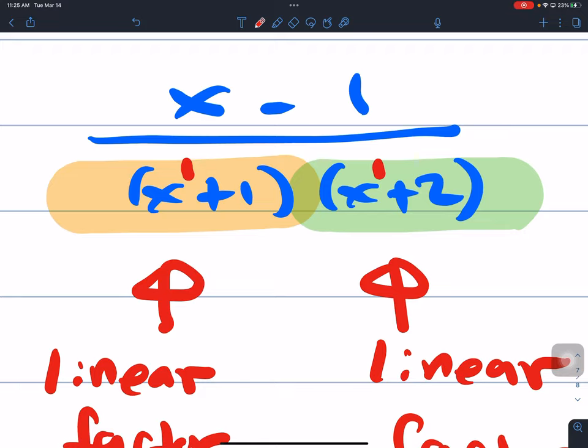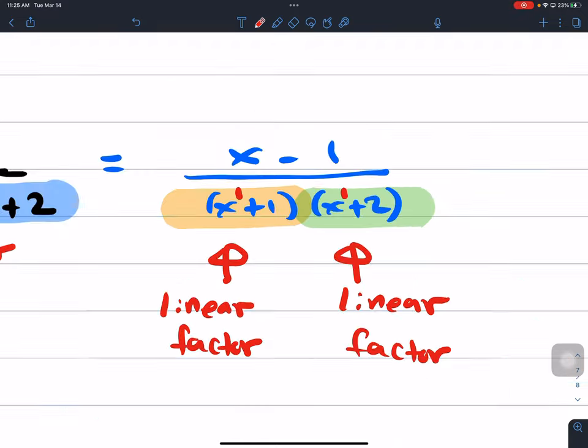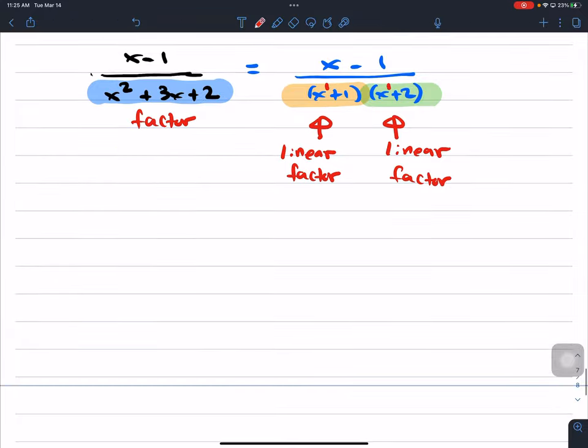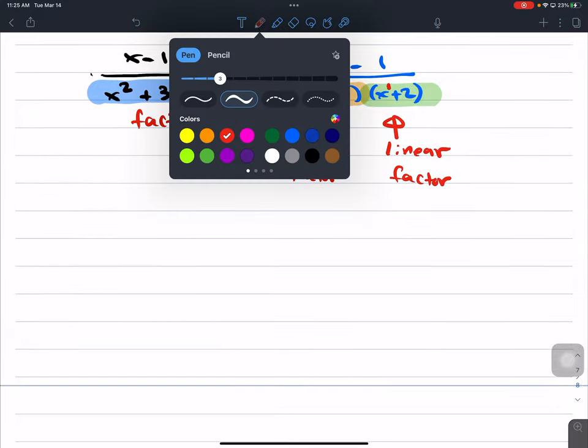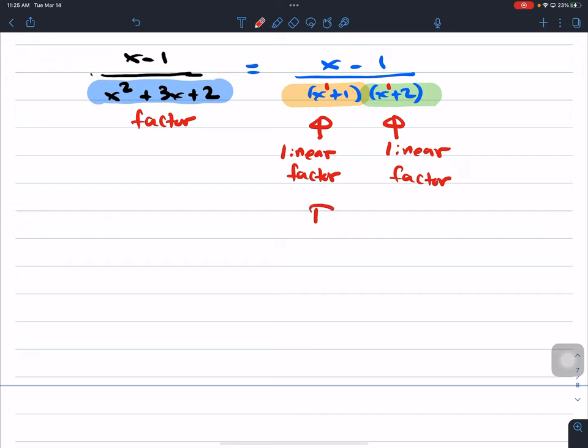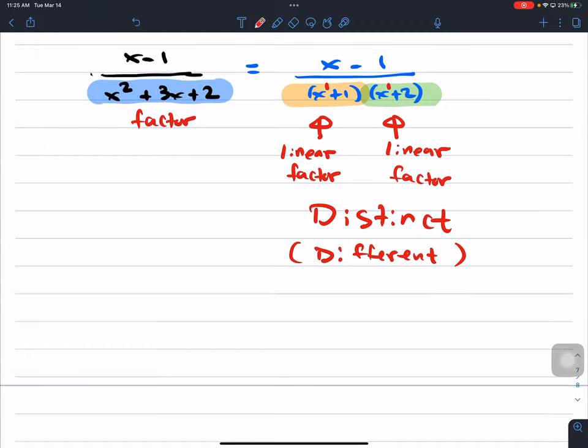So we also say the following here. You've got two linear factors and they are distinct. What does it actually mean to be distinct? They are different. They're not the same.